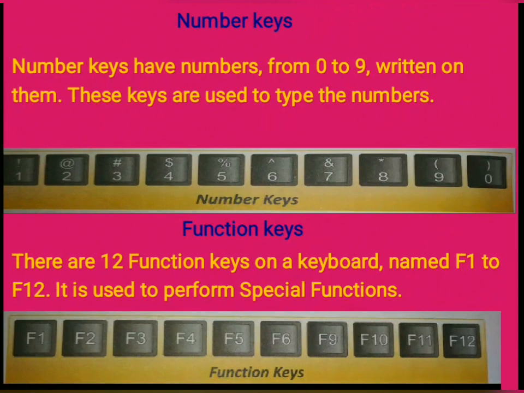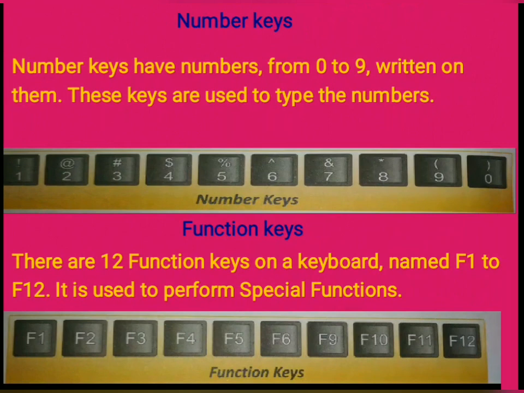Number keys. These keys have numbers on them from 0 to 9. They are 10 in number. These keys are placed above the alphabet keys and also present on the right side of the keyboard.